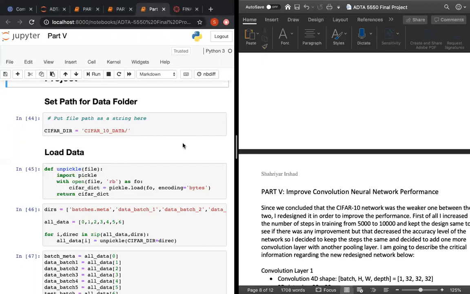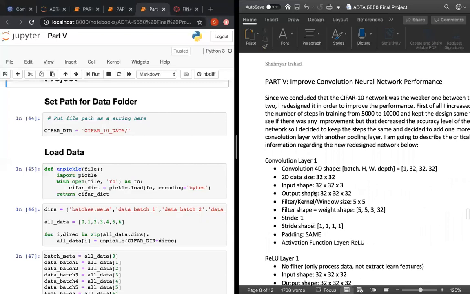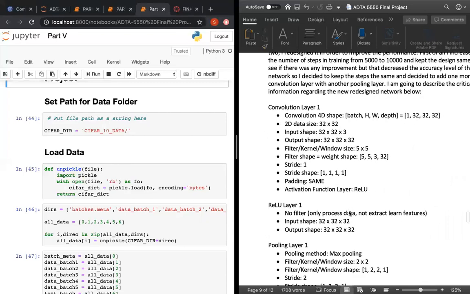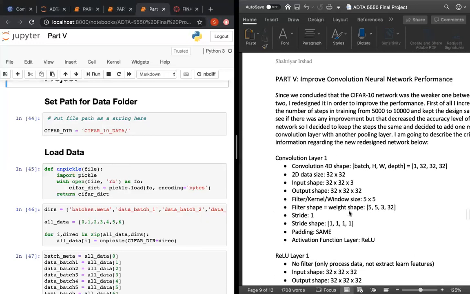So then I decided to add one more convolution layer in my neural network to see if I'm able to improve the performance of the network. And I have the critical information here for this neural network. Most of it is pretty much the same as part 3.